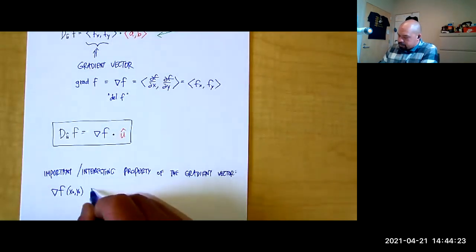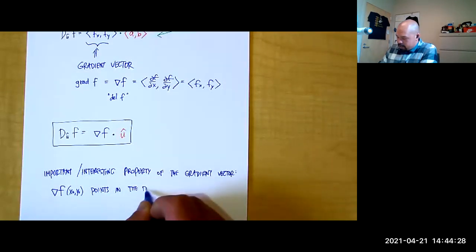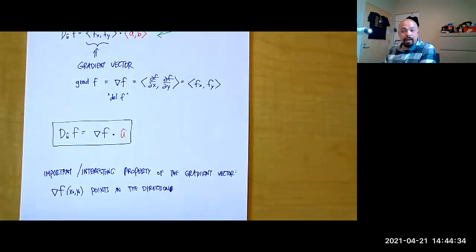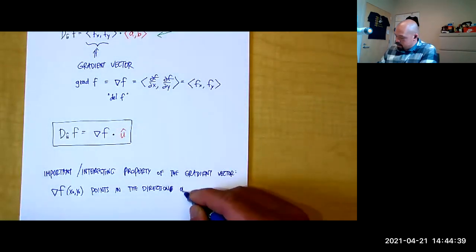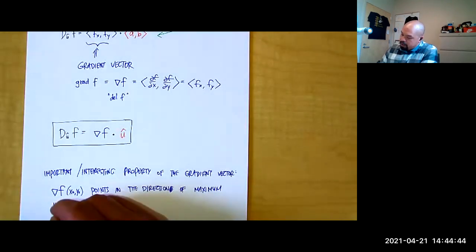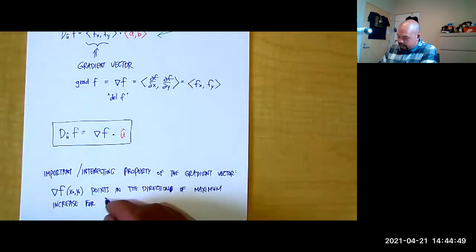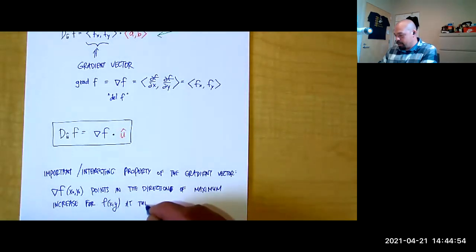This gradient vector points in the direction, singular, sorry, of maximum, right, the biggest possible increase for that function f at the point x naught, y naught, right?